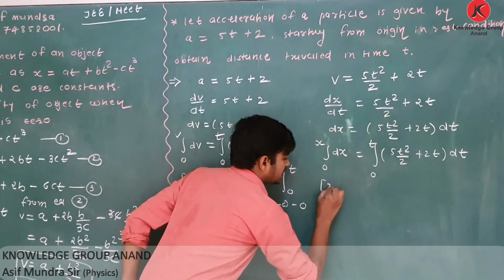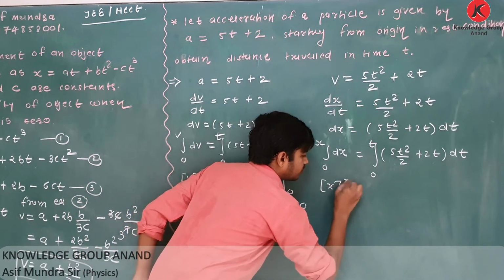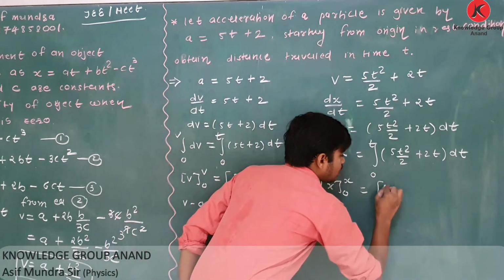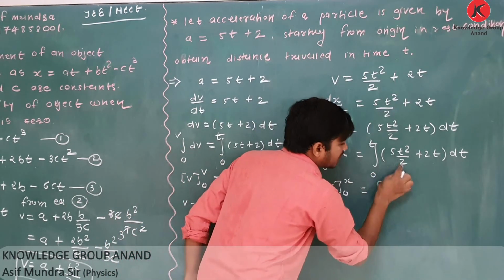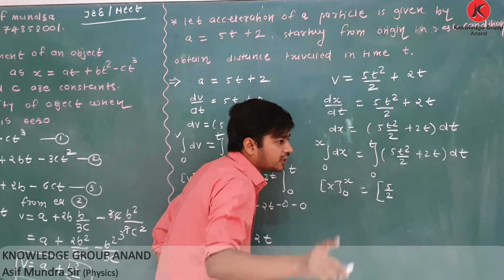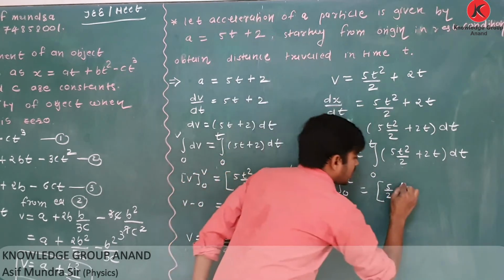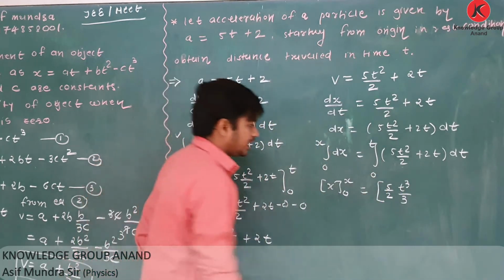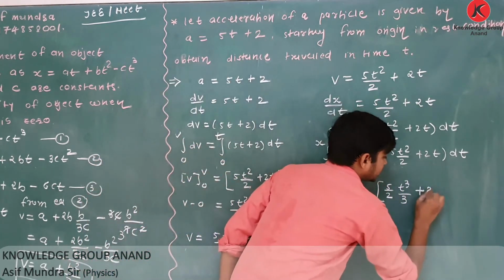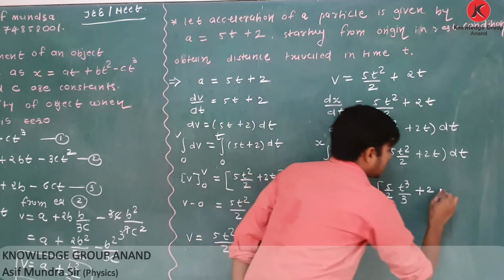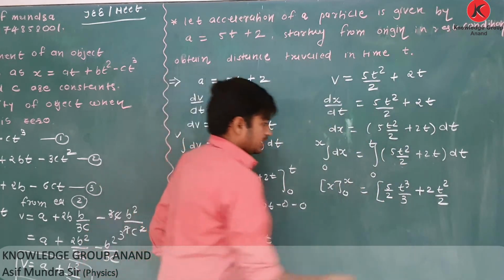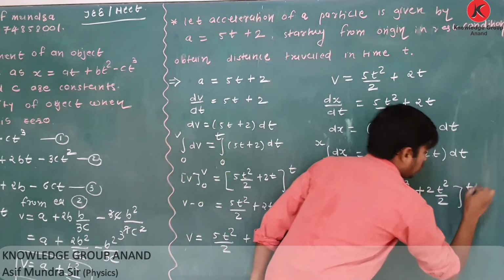What is integration dx? It is x. Limit is from 0 to x, is equal to this side 5 by 2 as it is. What is integration of t square? It is t cube by 3, plus 2 as it is. What is integration of t? It is t square by 2. Okay, upper limit and lower limit.